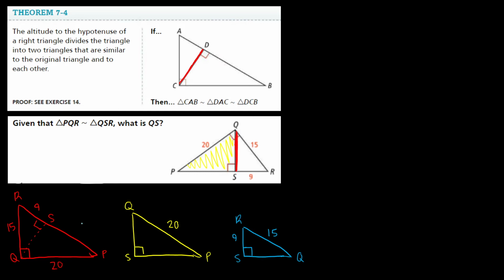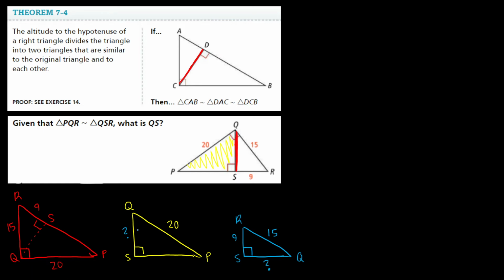So our goal is to find QS. So that's the long leg in my small triangle, and it's the short leg in my middle triangle. So I don't really need to work with the biggest triangle. I'm going to focus on the two smaller triangles here.